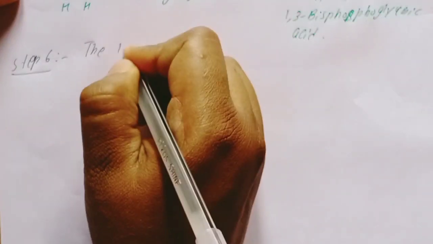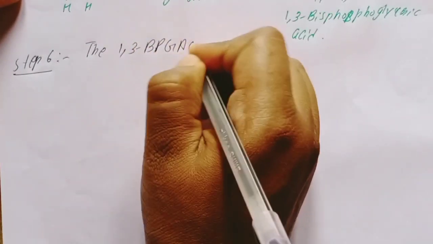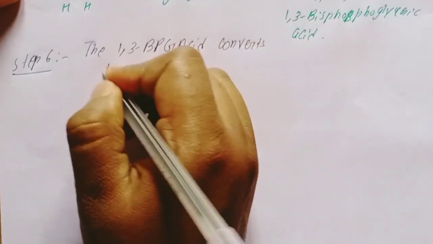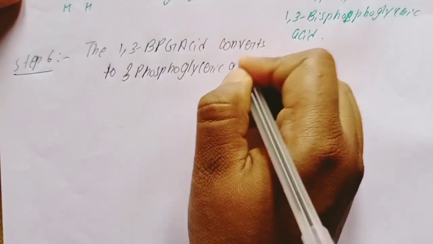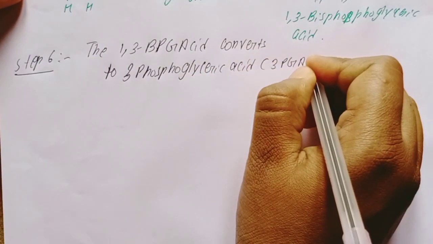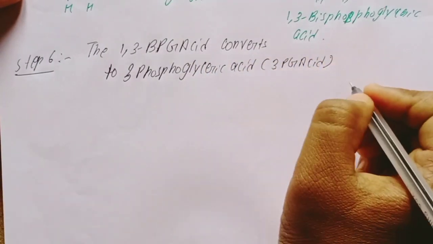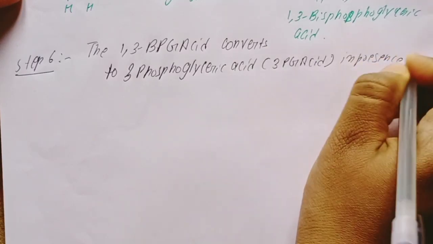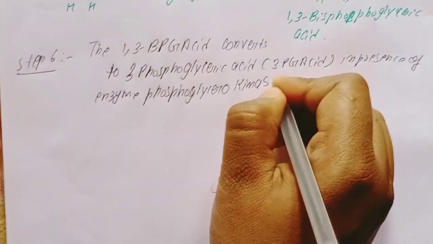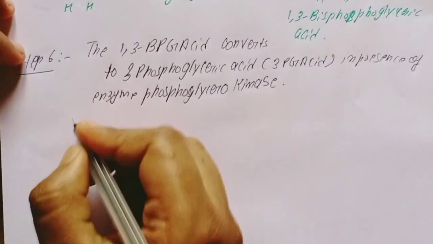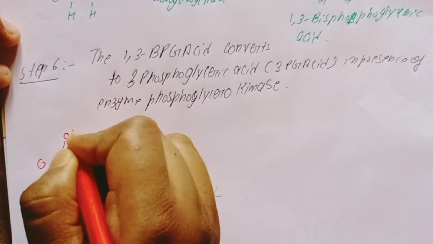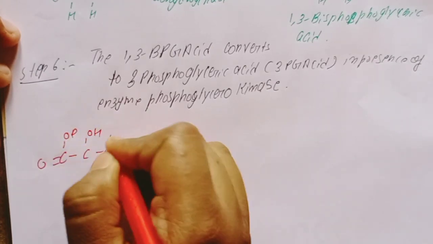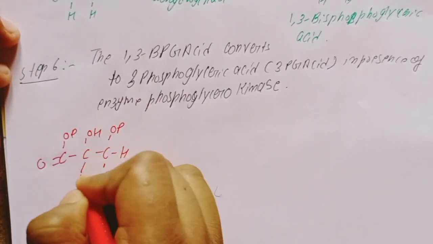Next step. Step 6. In this, high energy phosphate group is transferred from 1,3 bisphosphoglyceric acid to ADP. This step is catalyzed by the enzyme phosphoglycerate kinase. The formation of ATP is referred to as substrate level phosphorylation.